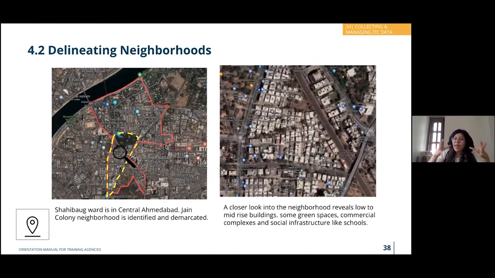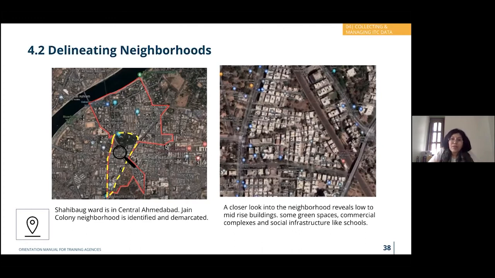So we can apply both these lenses to start delineating neighborhoods as to what do we classify a neighborhood. As long as it's 12 to 15,000 population, there is some shared amenities, common understanding of an area where people relate to, the idea of known strangers, that what is that area in which people are generally have seen each other, are familiar with it.